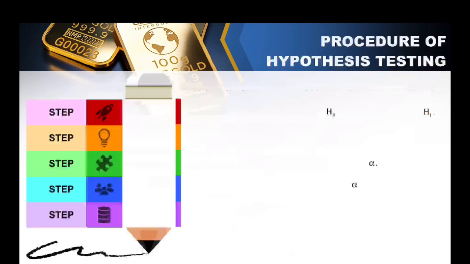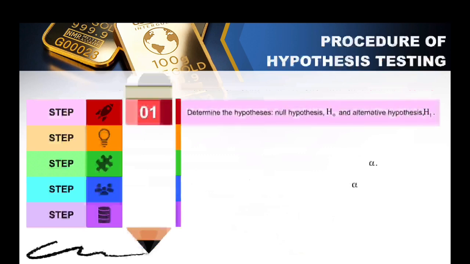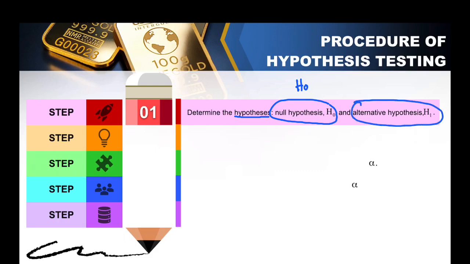Okay, in hypothesis testing, there are procedures. We want to test the hypothesis, right? So there are several procedures. Step number 1, you need to have your hypothesis. In order for you to have your hypothesis, you need to have the null hypothesis. We call it H null. And then you will have the alternative hypothesis H1.